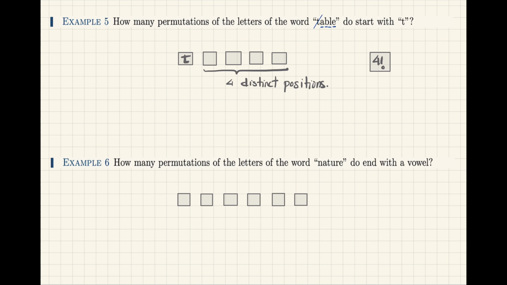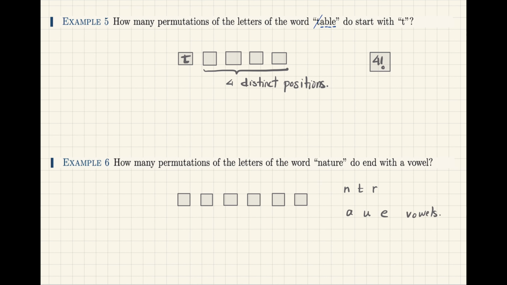Okay, but there is a condition here. So I want to use these 6 letters, permutation of the letters. The order matters because of the word permutation. Do end with a vowel. Okay, so there are vowels here. N, T, R are not vowels, but A, U, A, U, and E are vowels.